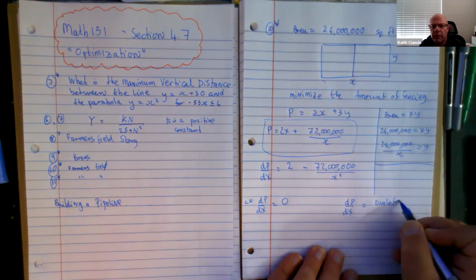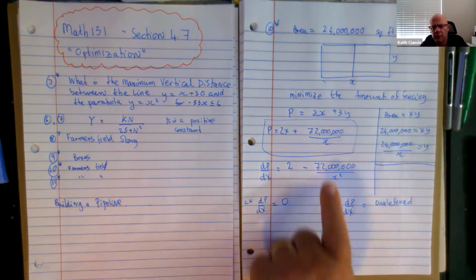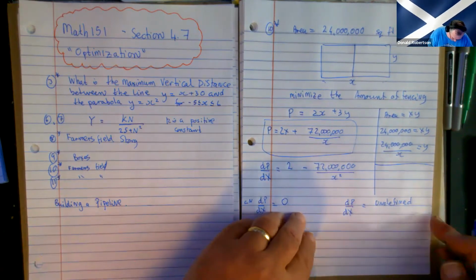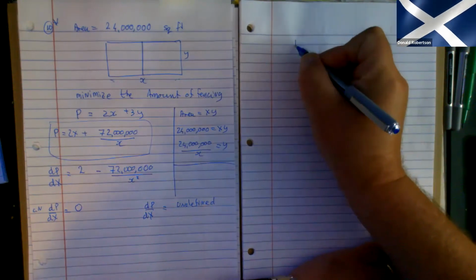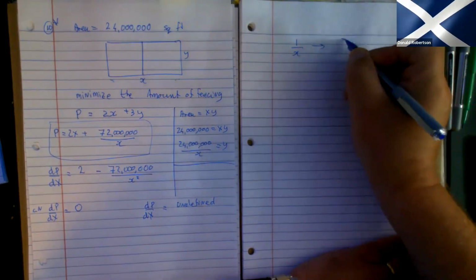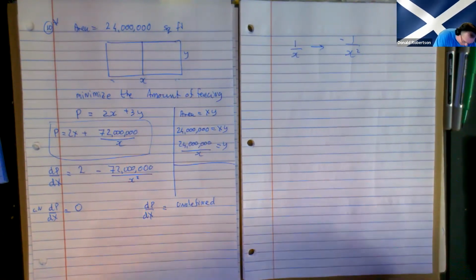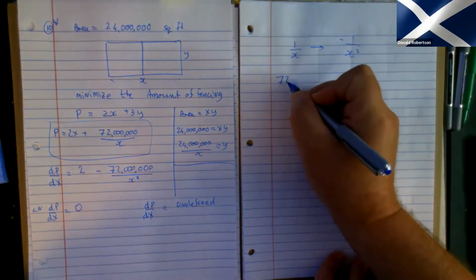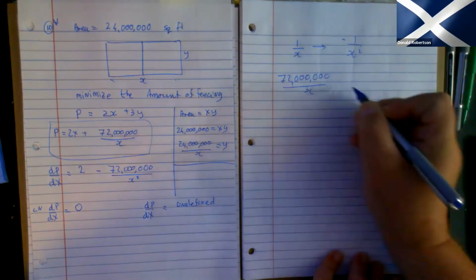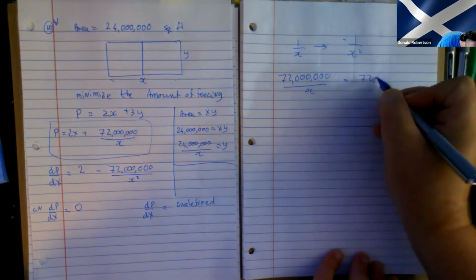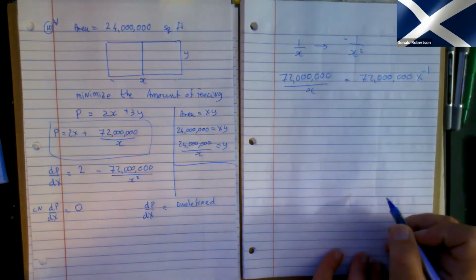Question? Yeah, how did we get X squared? This guy from here, right? If you differentiate enough fractions in your life, you will eventually just realize that 1 over X gets you that, right? So if I wanted to do the derivative of 72 million over X, if I wanted to do it the long way, I would call it 72 million X to the -1.